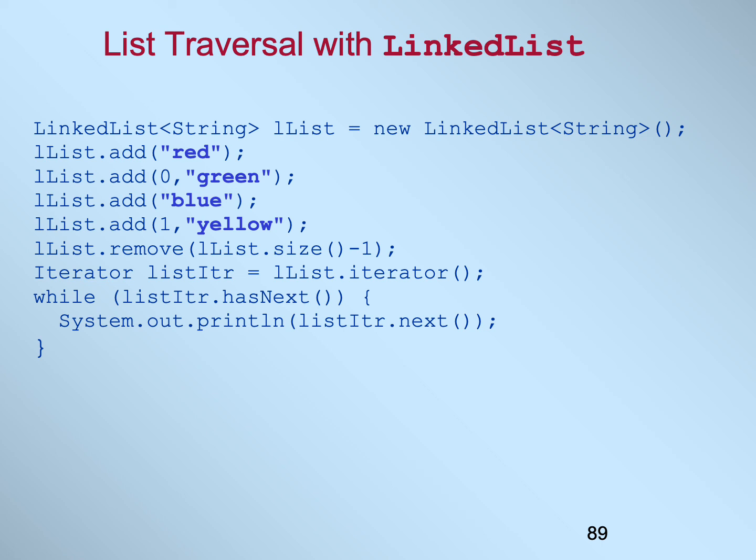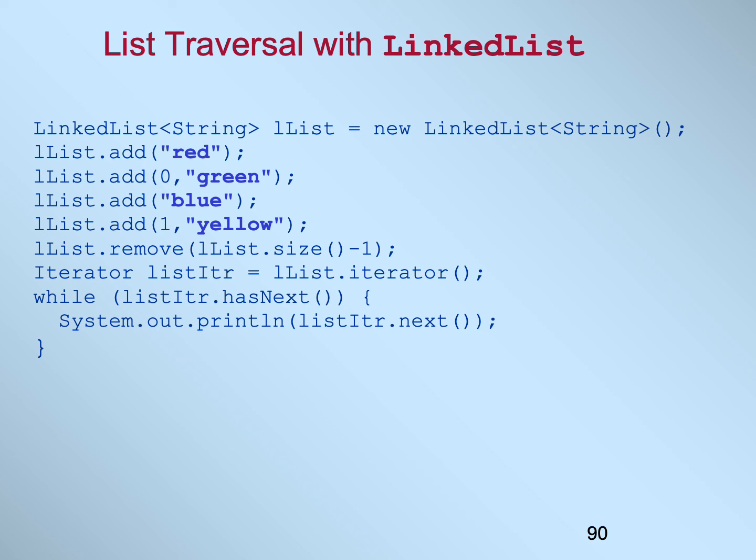When it asks for size minus 1, that means the value of 3, so in the list.remove(3), it will remove whatever value is at index number 3, which is the value blue.